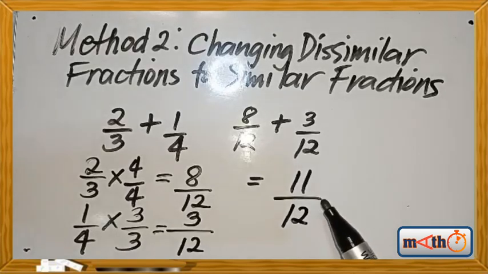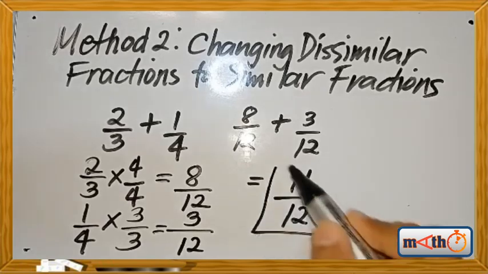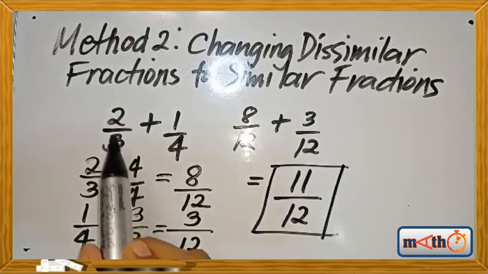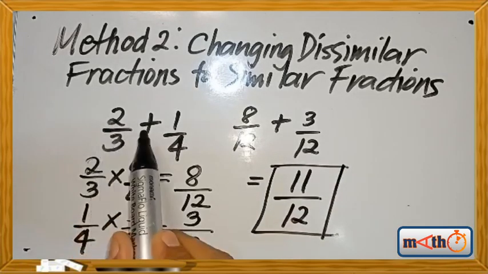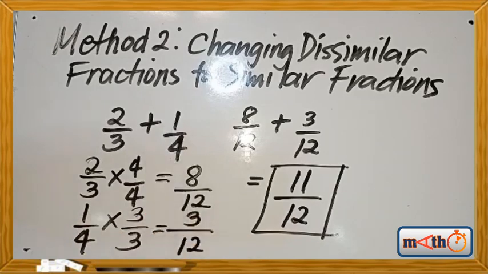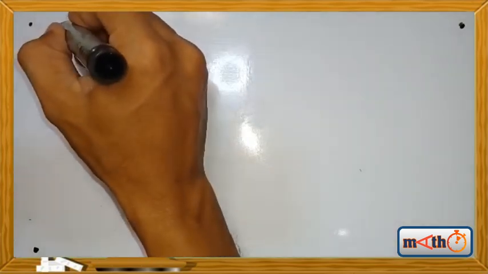We don't have any common factor between 11 and 12. Therefore, 11 over 12 is the sum of 2/3 plus 1/4. Okay? So that's how you're going to use method number 2 in getting the sum of two dissimilar fractions. Alright, so let us proceed to our final method, or method number 3.